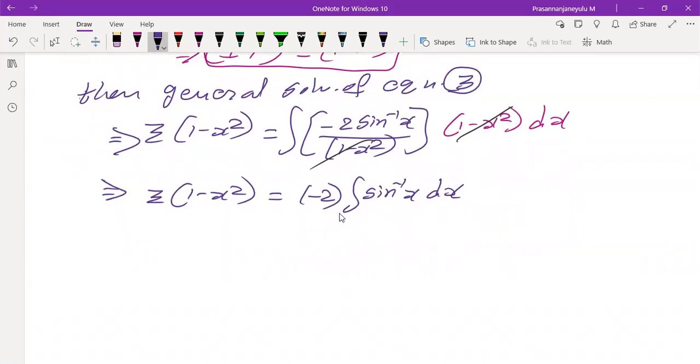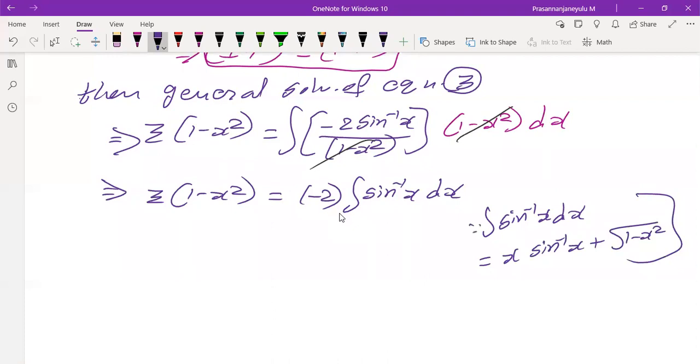So I am writing here the formula, which is also available in the list of formulas which I posted on the website. You have to use integration by parts. Directly I am writing the formula: x into sine inverse x plus root of 1 minus x square. If you don't know this formula, then it is very difficult to find this solution.